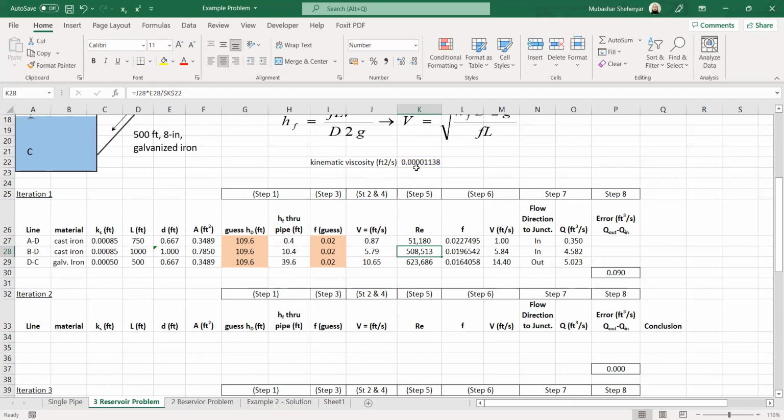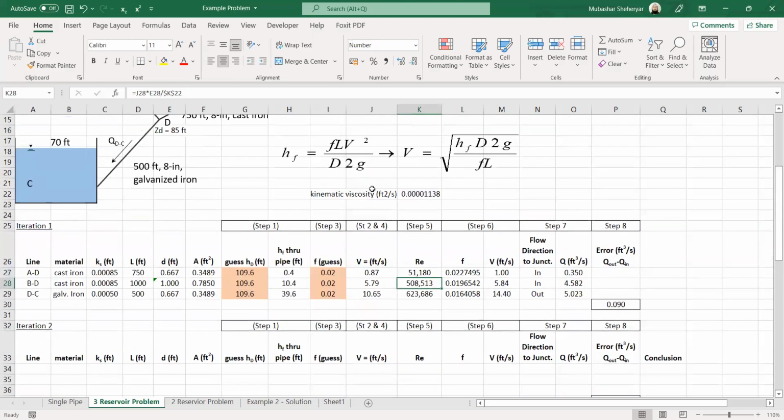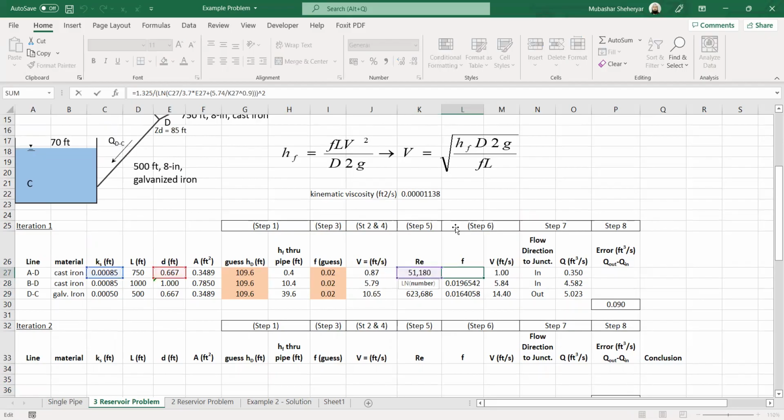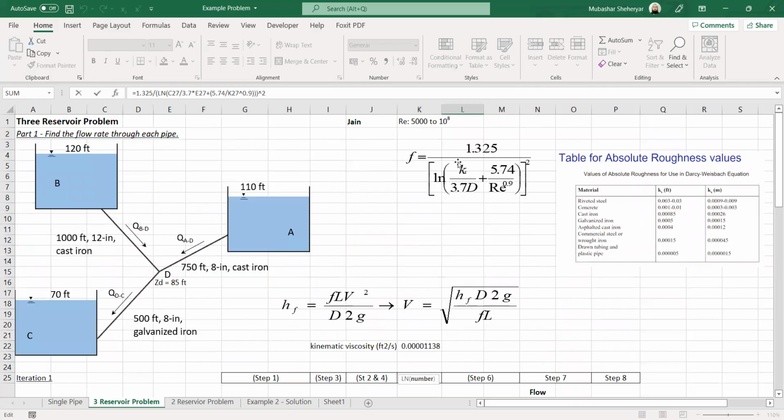For water flowing in this system, we are taking the kinematic viscosity as about 0.00000113. Based on the kinematic viscosity, velocity, and the diameter of the pipe, we will calculate the Reynolds number, and again calculate the friction factor based on the Swamee-Jain equation, using the absolute roughness, the diameter of the pipe, and the assumed Reynolds number.